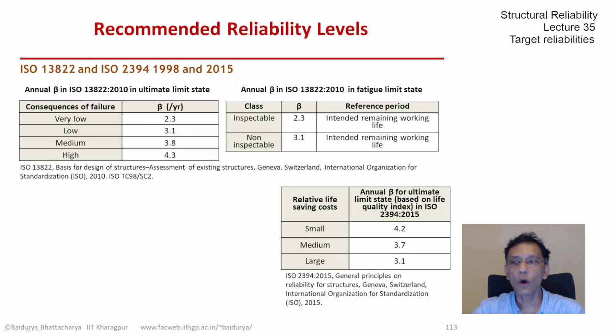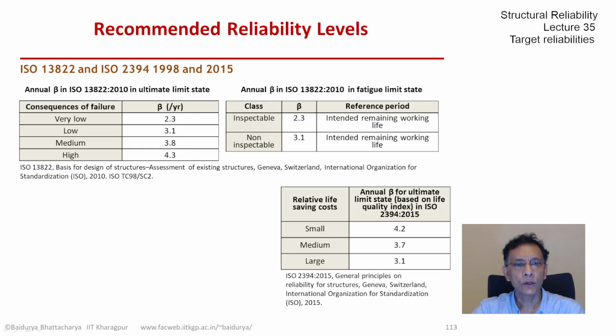So we have small, medium, or large life-saving cost relative, and then corresponding to these 3 we have 4.2, 3.7, and 3.1. It's interesting to note that with increasing relative life-saving costs, the annual permitted beta values keep decreasing.